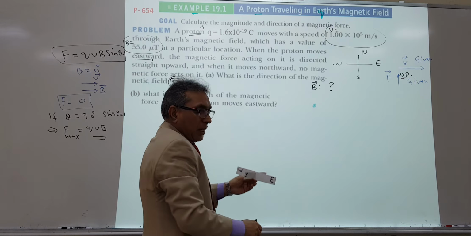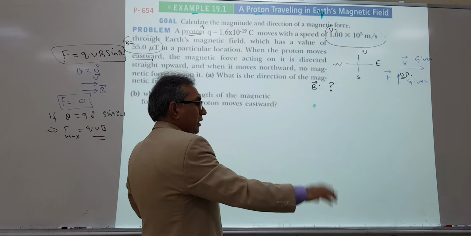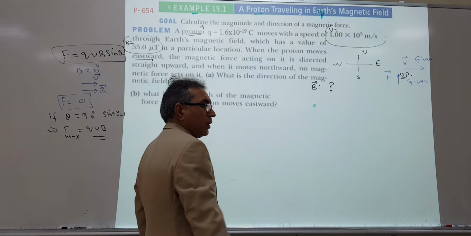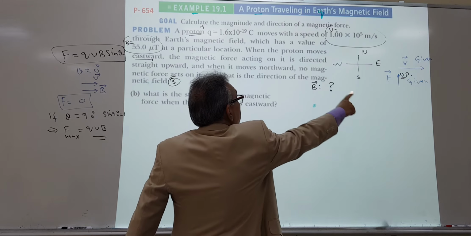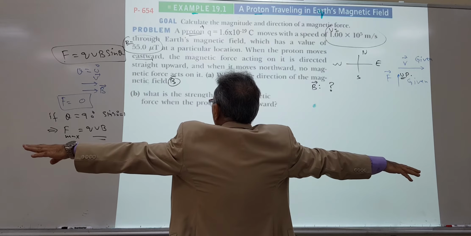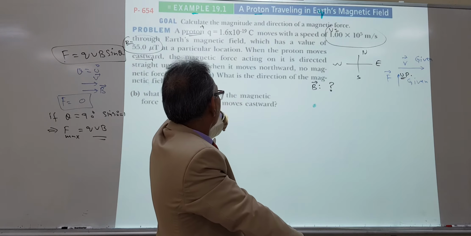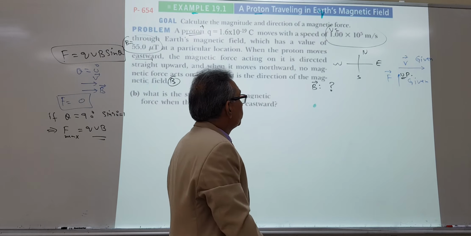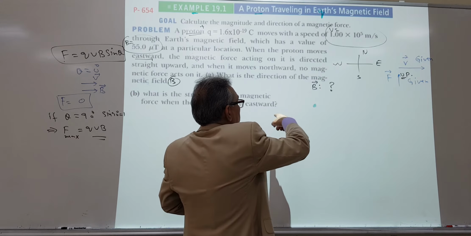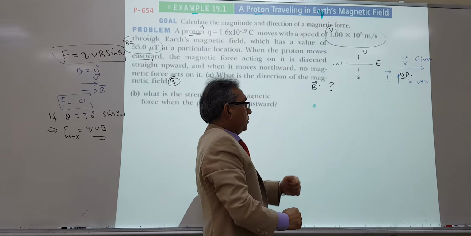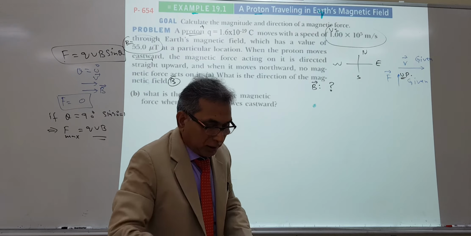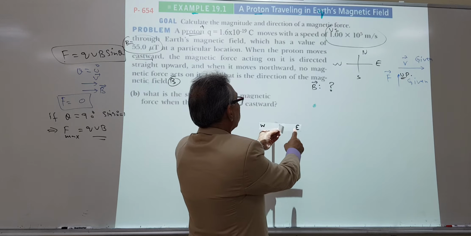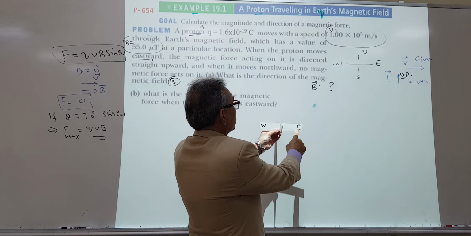First of all, I'm standing here. East, west, horizontal, north and south. East, west, north and south. Up and down. Again, look, can you see this east? This horizontal east.